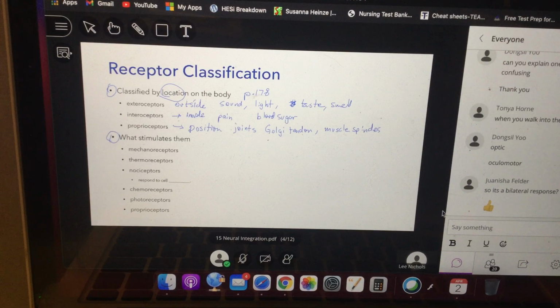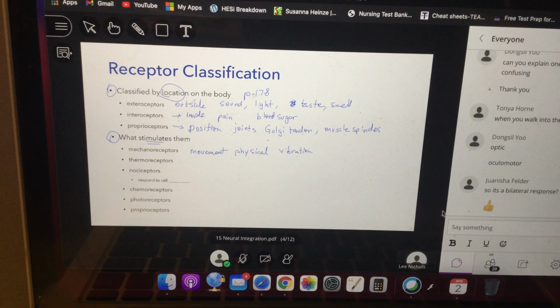We could also classify them by the actual stimulus, the type of stimulus. Mechanoreceptors are stimulated by movement. Physical change, physical movement. That's how you would fill in that blank at the top of page 179. But that could also be vibration.